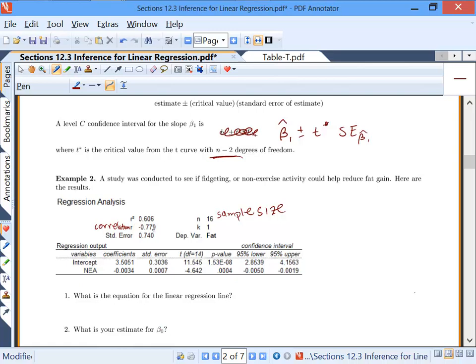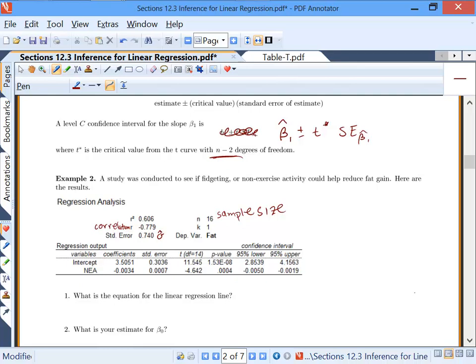And standard error. Most software doesn't tell you mean square error. They write it as standard error, and you need to be able to recognize it, so when you're asked what the mean square error is, you can find it. So the standard error is 0.74, which is our sigma hat, the standard error of our overall model.